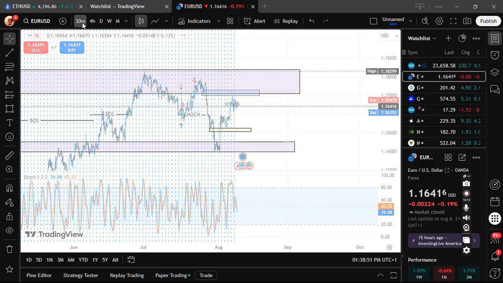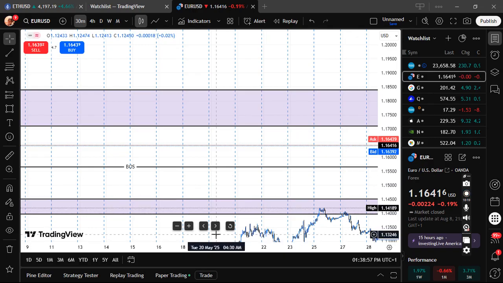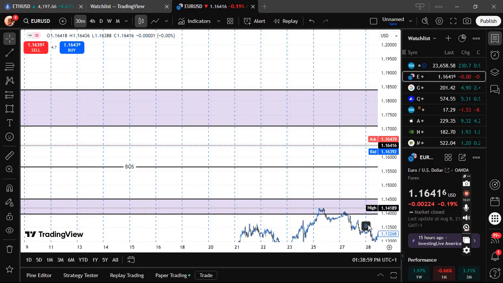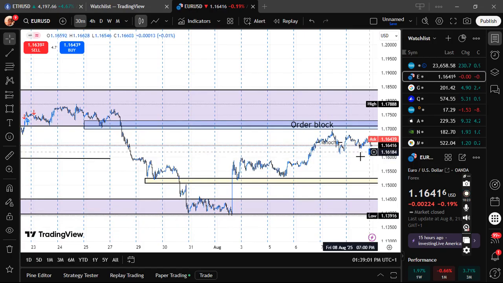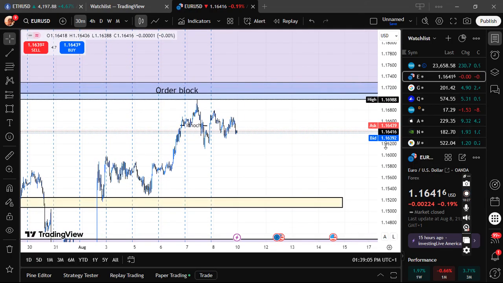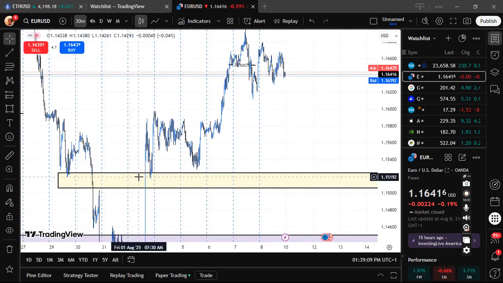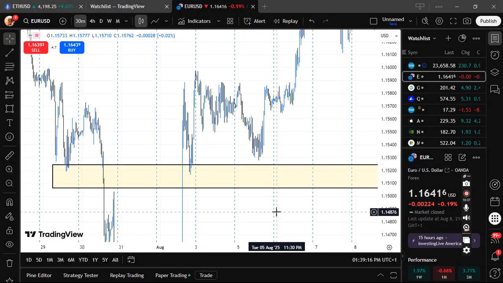So we now move to the 30 minutes. The 30 minutes is to confirm everything we are talking about. So this is a 30-minute time frame. For us to really enjoy this trade, I would set to this level.